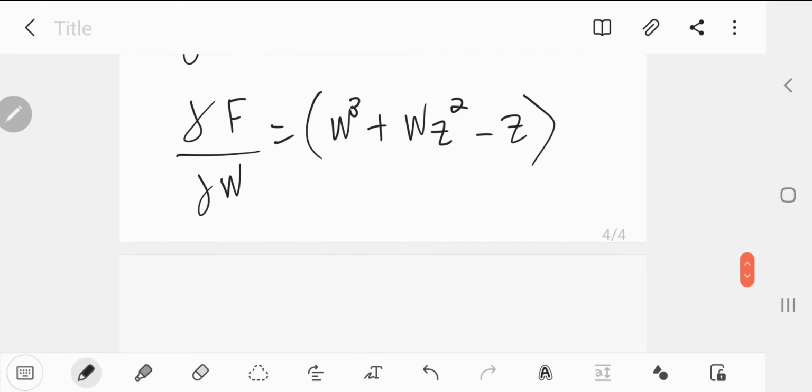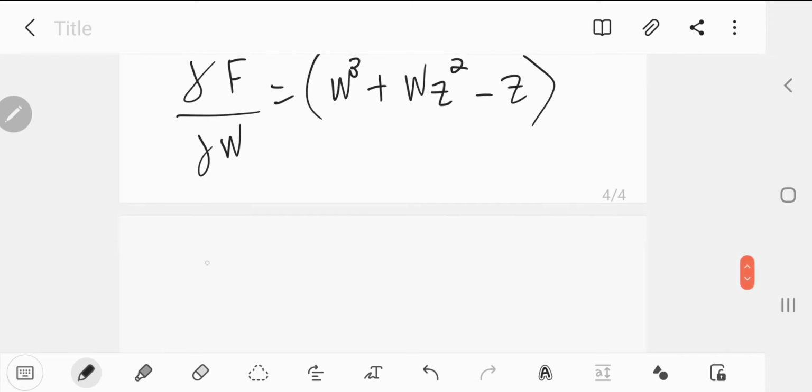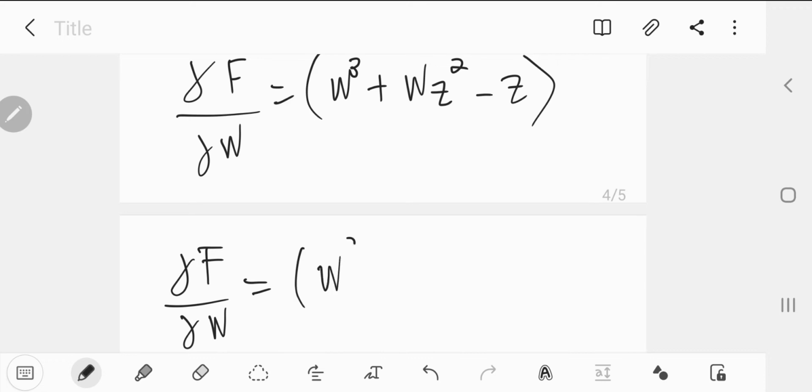And now let us simplify. Let us move the dw to the left side. So, in order to do this, let us equate: the partial derivative of f with respect to w is equal to w cubed plus wz squared minus z.